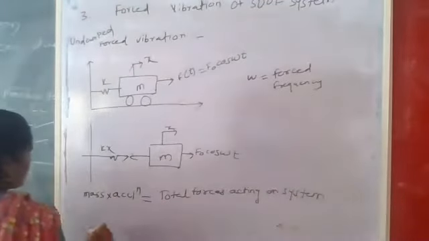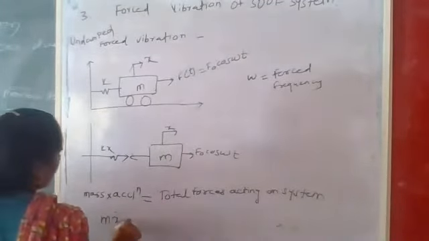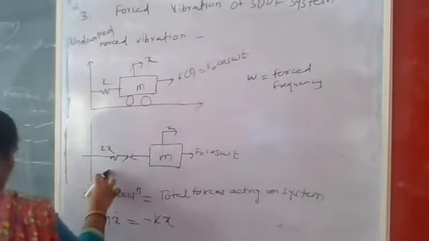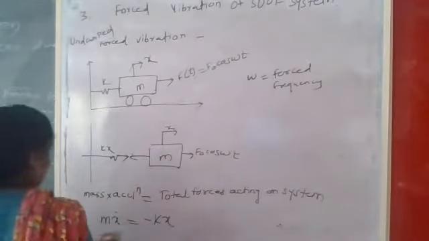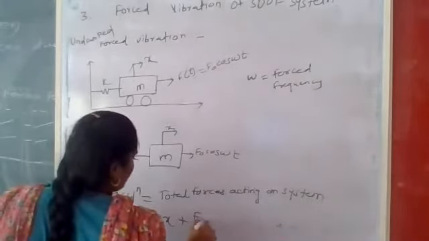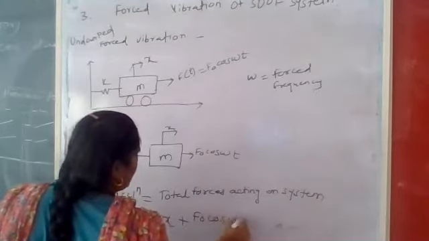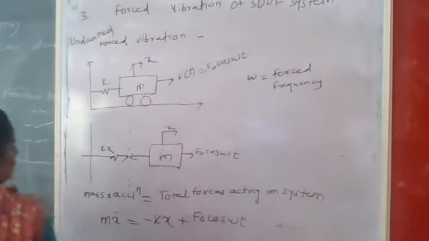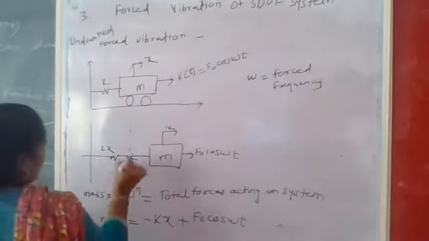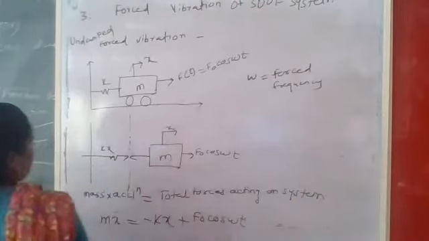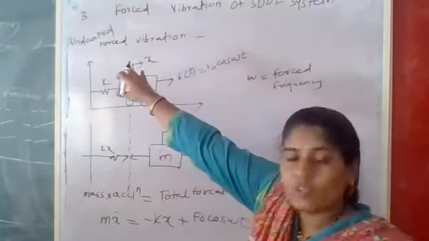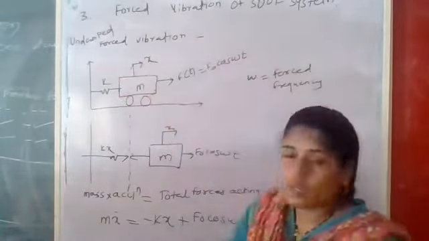So look at which forces there are: m x double dot is equal to minus k x plus F naught into cos of omega t. That is the free body diagram I have calculated here. Okay, you can see here this is the first derivation, the undamped forced vibration.